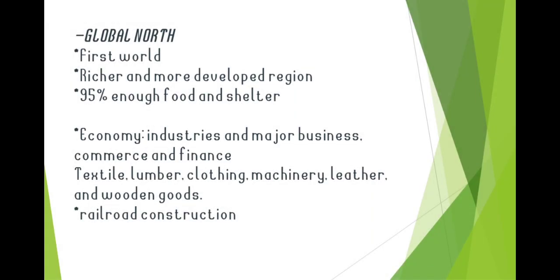These are the differences between the Global North and Global South. The first world, a richer and more developed region, has 95% with enough food and shelter. The economy is here: industries, major business, commerce and finance.